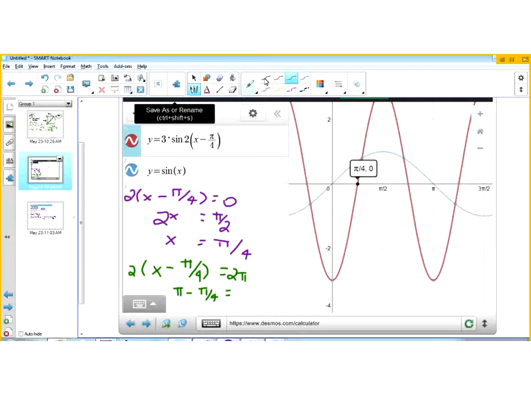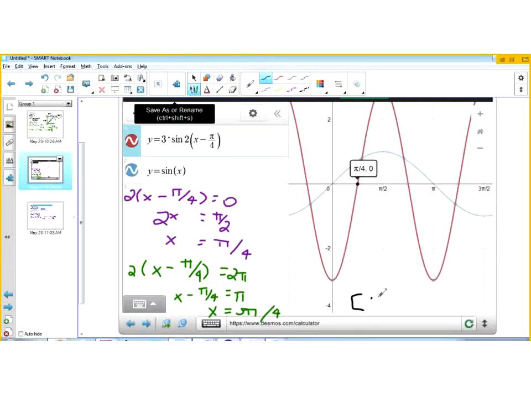No, I'm sorry, x minus pi fourths. What am I doing? I'm having a bad day today. That would be x minus pi fourths is equal to pi. And so solving for x, the end of the period would be 5 pi over 4. So the period of the red curve would happen on the interval pi fourths to 5 pi over 4.